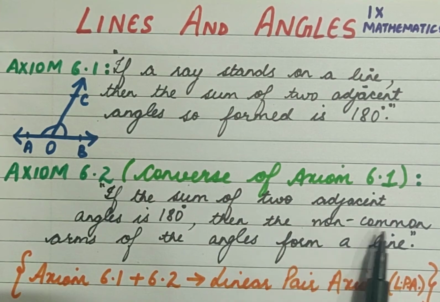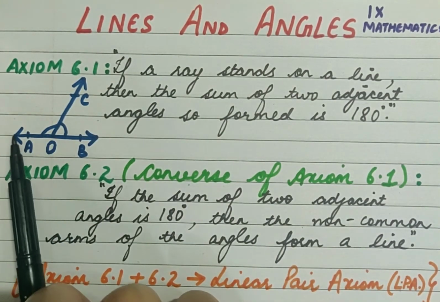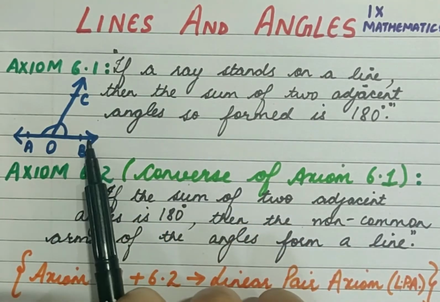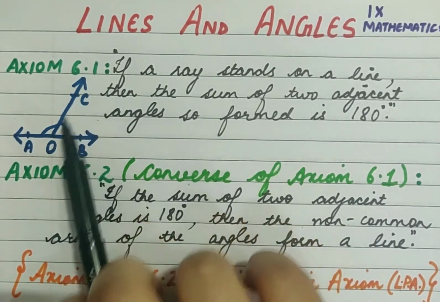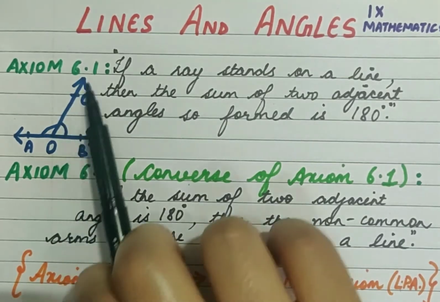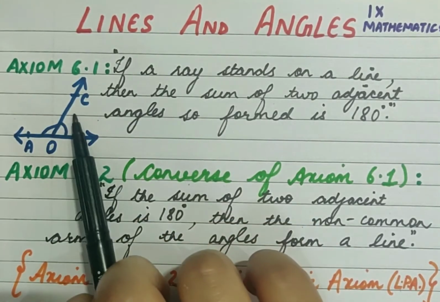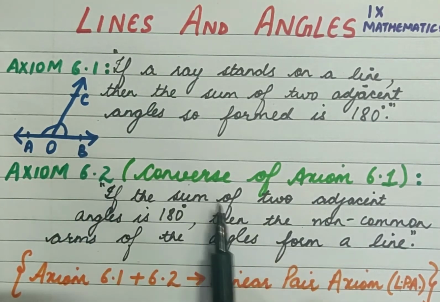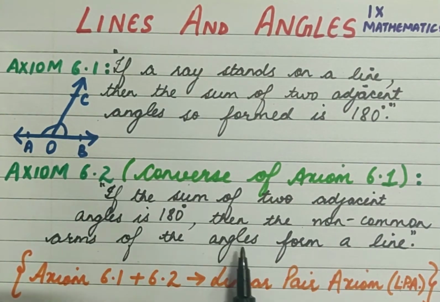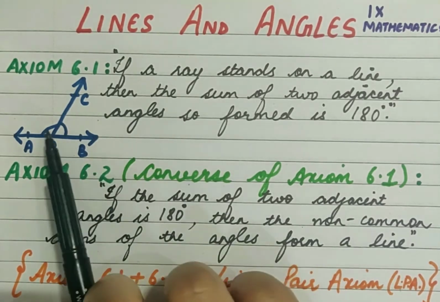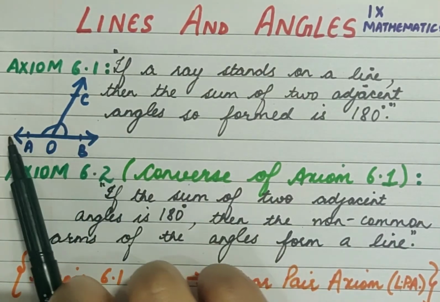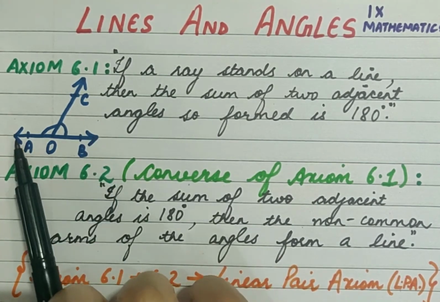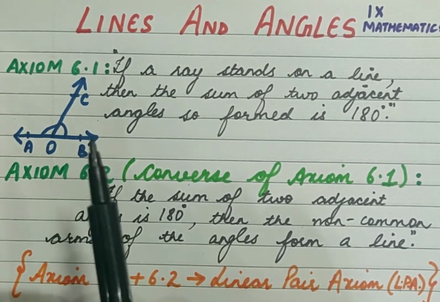Then the non-common arms, non-common means OA and OB, because OC is the common arm for these two angles, so that is why OA and OB are non-common arms. Then the non-common arms of the angles form a line. That means OA and OB will form a line. Yes, they are actually forming a line, and the name of that line is AOB.